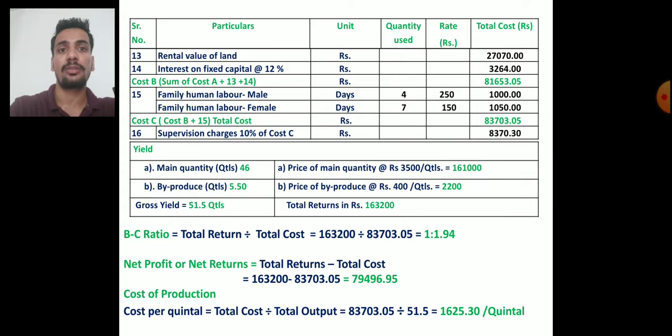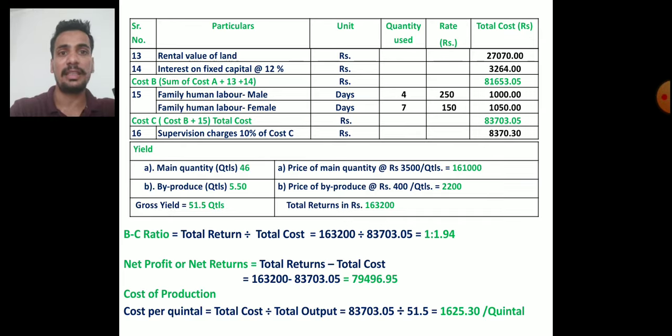So our total cost C is cost B plus 1000 plus 1050, so it will be your 83,703. We have to just make the summation of cost B plus the cost of family labor, male plus female. Now for cost C, we have to calculate the supervision charges at the rate of 10% of cost C. So this is about cost A, cost B, cost C.